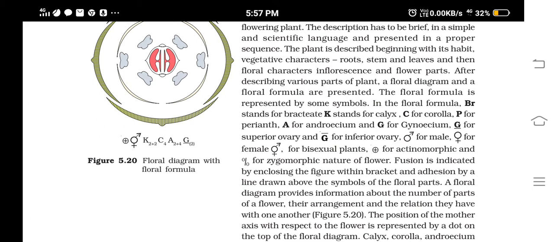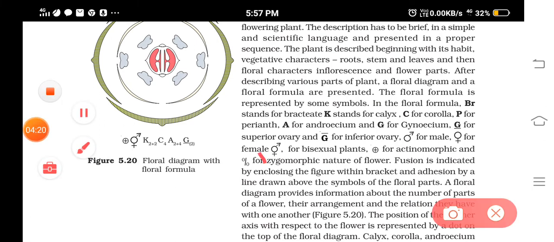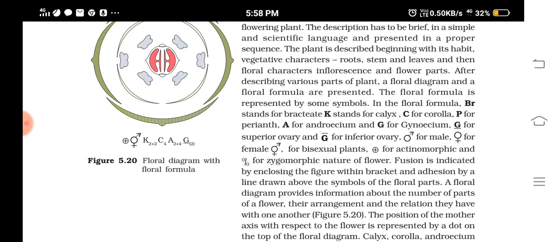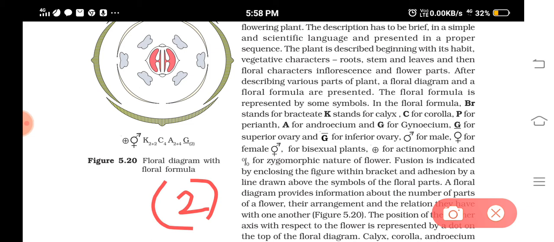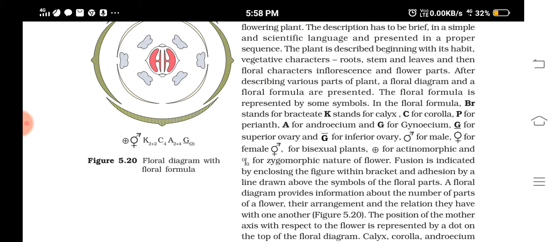And if the flower is zygomorphic, then we can represent it by this sign. If the flower parts are fused, then after writing the number of sepals or petals, we put the number in a bracket. That means the floral parts are fused. Understood? Floral parts are fused.